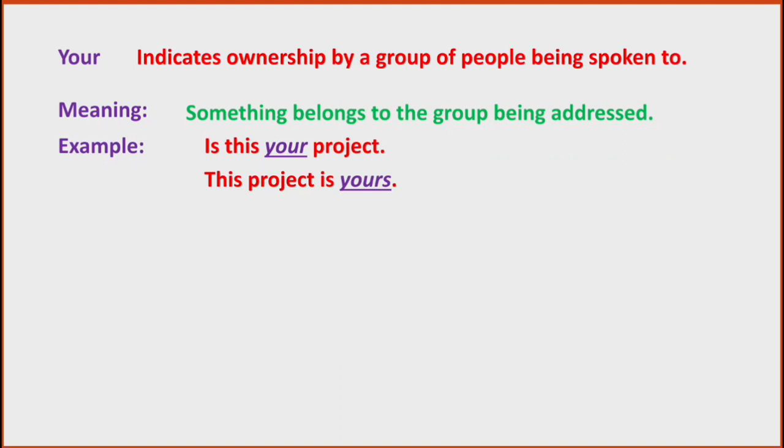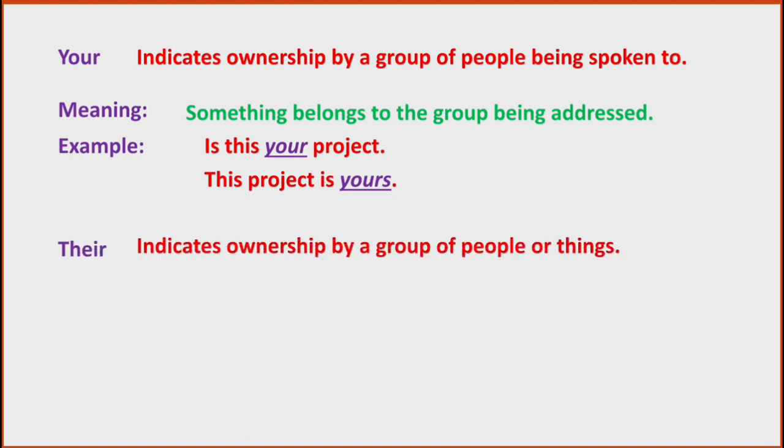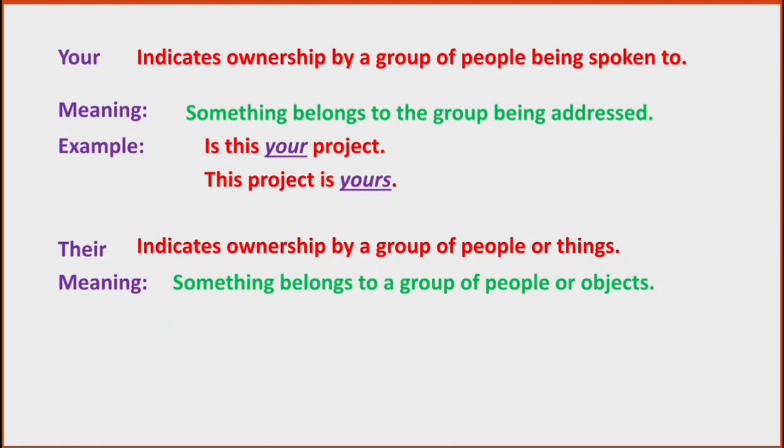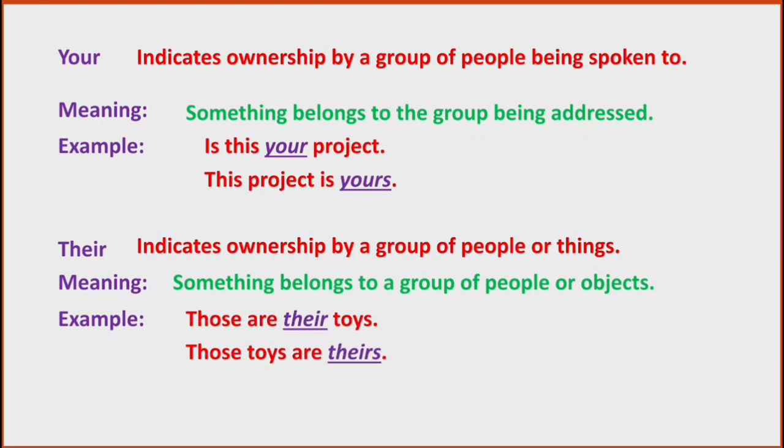This project is yours. This is the possessive pronoun. Their indicates ownership by a group of people or things, meaning something belongs to a group of people or objects. Example, those are their ties. Those ties are theirs.